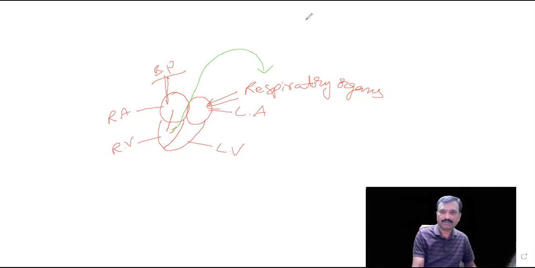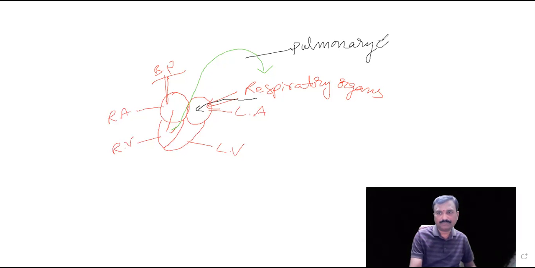After oxygenation, this oxygenated blood is coming to the left atrium. This circuit between respiratory organs and heart is the pulmonary circulation, or circuit.